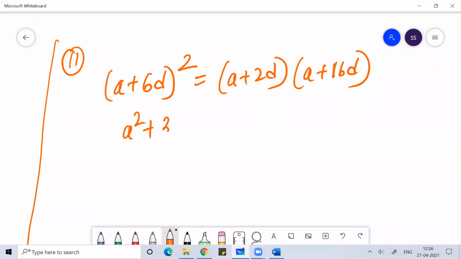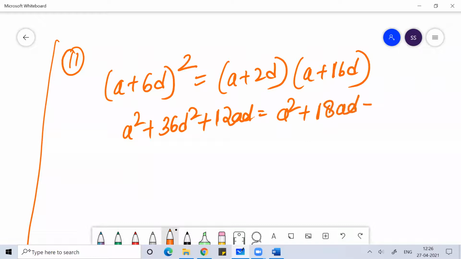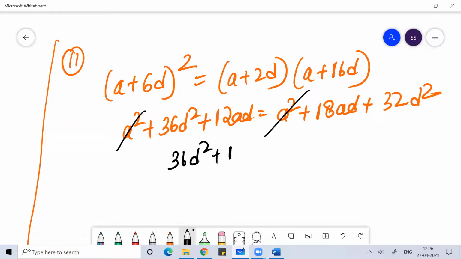So A square plus 36D square plus 12AD is equal to A square plus 16AD plus 2AD, that is 18AD, plus 32D square. So A square you can cancel. So 36D square plus 12AD will be equal to 32D square plus 18AD. So you can see D is common.